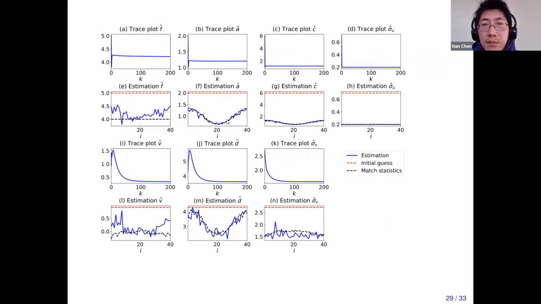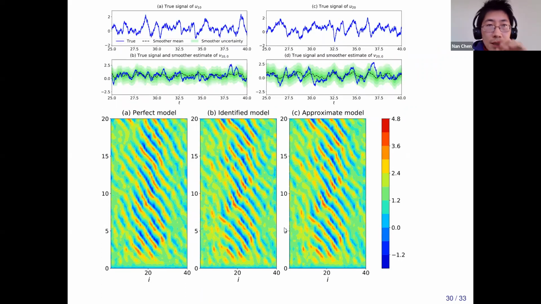You can see the estimated parameters are pretty accurate, especially since we use a non-homogeneous setup here, right? And then you can compare the perfect model with the approximate conditional Gaussian model for the spatial temporal patterns. And then we pass the conditional distribution to the original system to do the parameter estimation of the original model, where the conditional Gaussian system is a preconditioner.